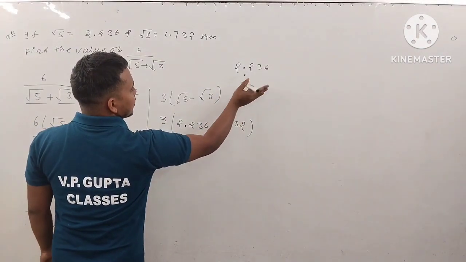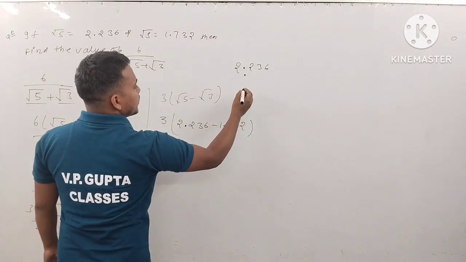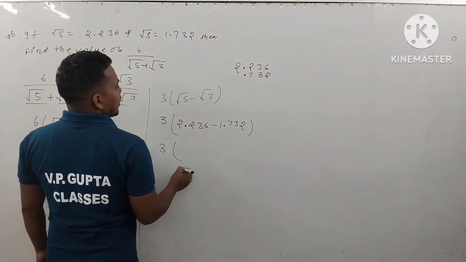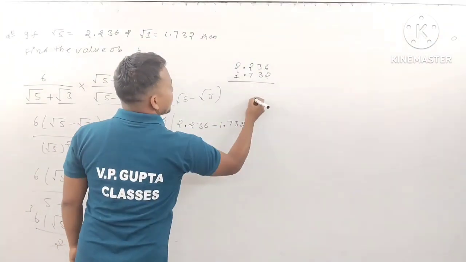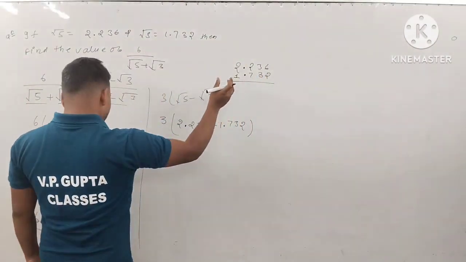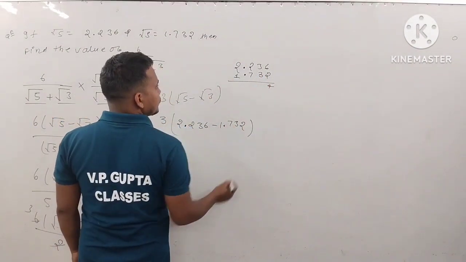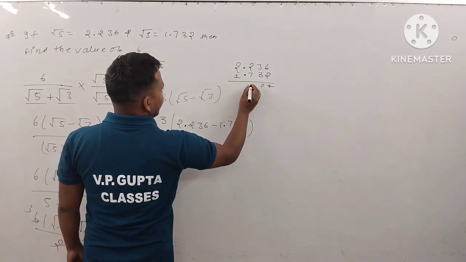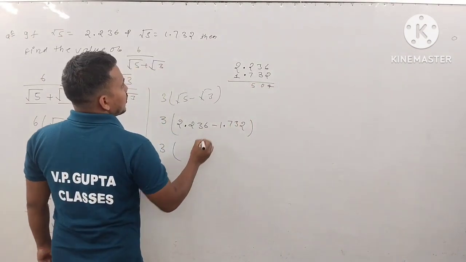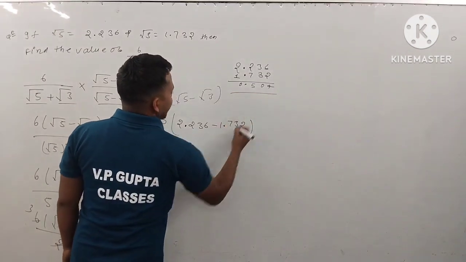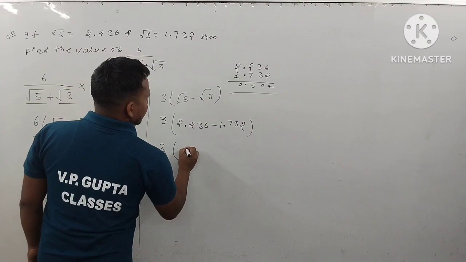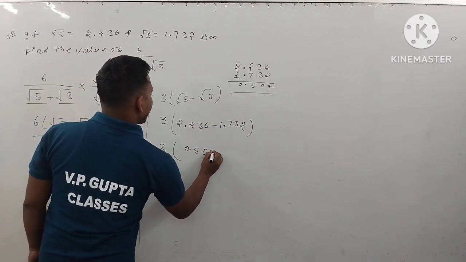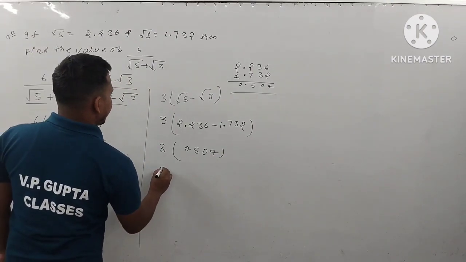Ignoring the decimals, we can write 732. Okay, and here 1. We subtract these two, 4, 0, and 5, and this is 0. Okay, now we write 0.504 and we multiply by 3.